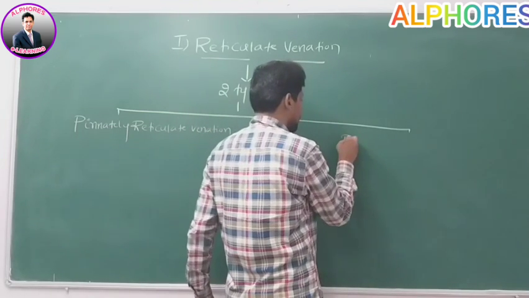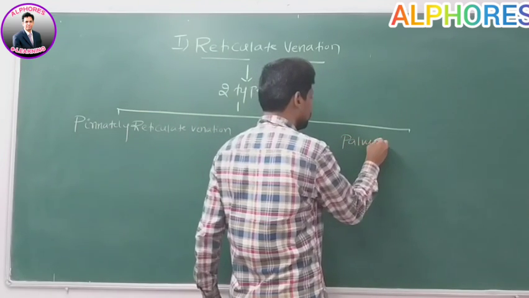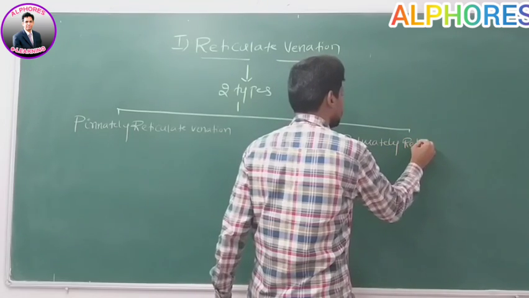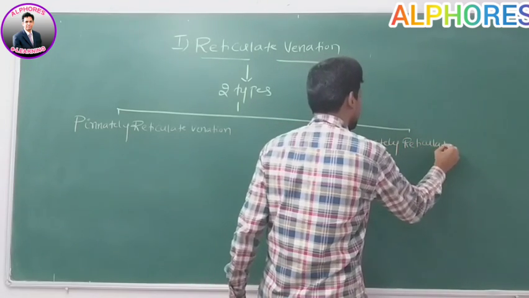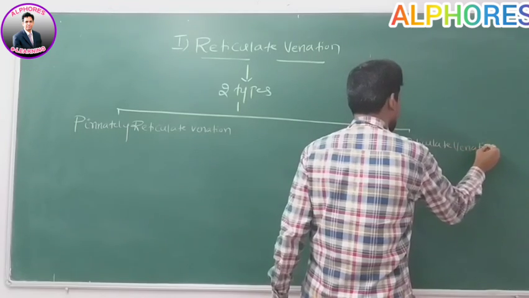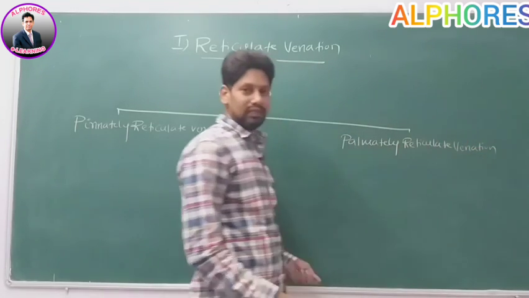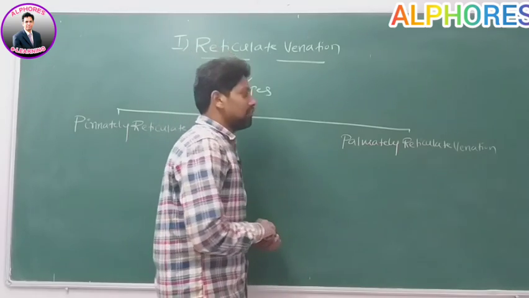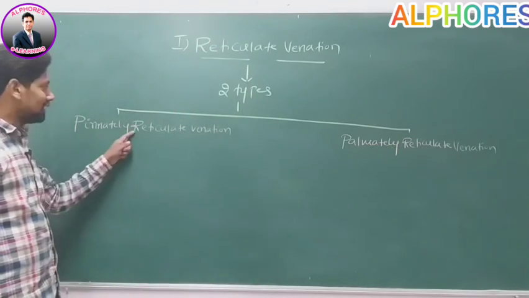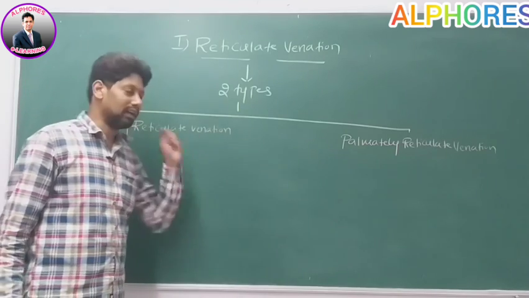Second one is palmately reticulate venation. Is it okay? Right? Therefore, reticulate venation is of two types: pinnately reticulate venation and palmately reticulate venation.